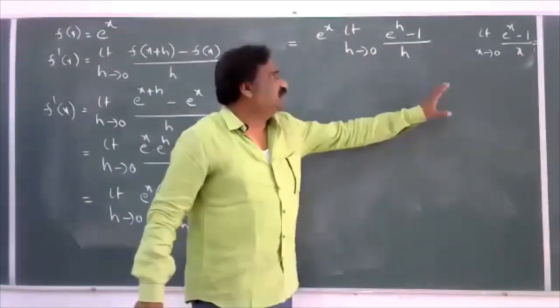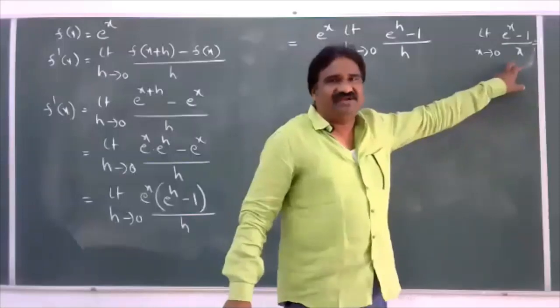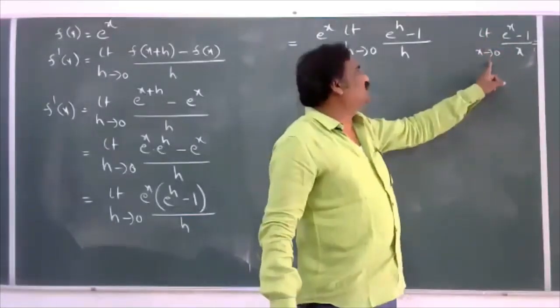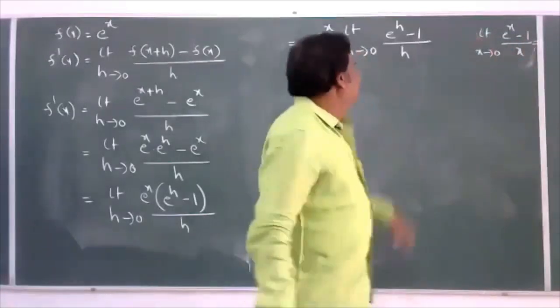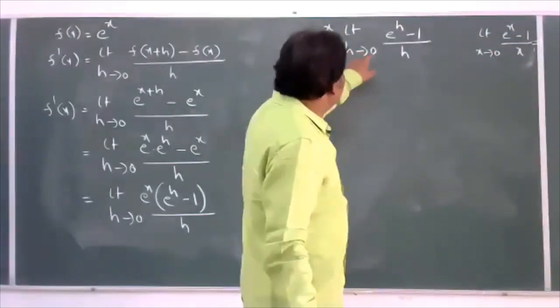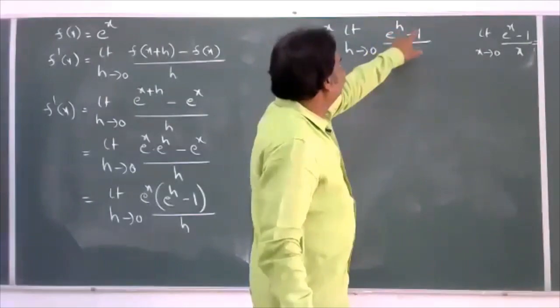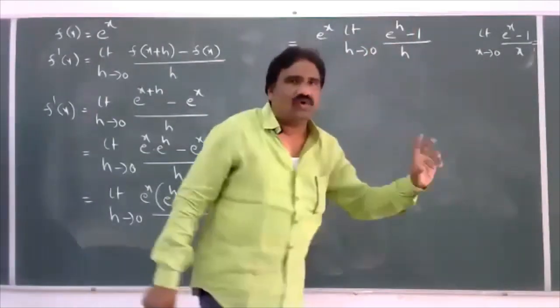Limit x tends to 0. Already you know this standard limit formula: limit x tends to 0, e power x minus 1 by x is equal to 1. Here, limit h tends to 0, e power h minus 1 by h goes to 1.